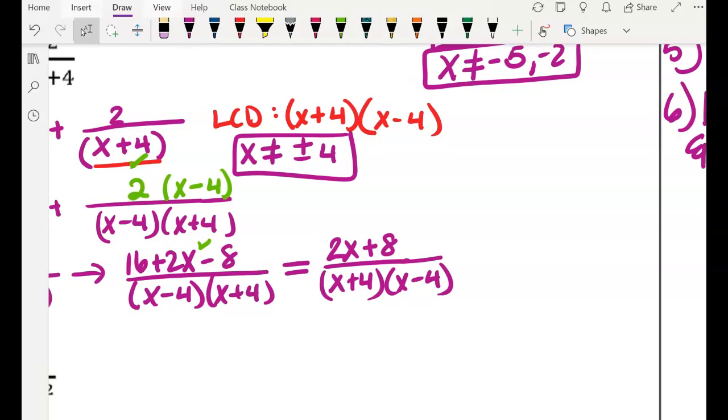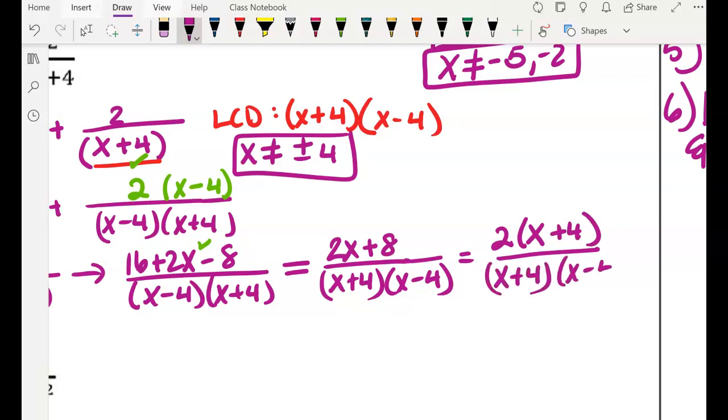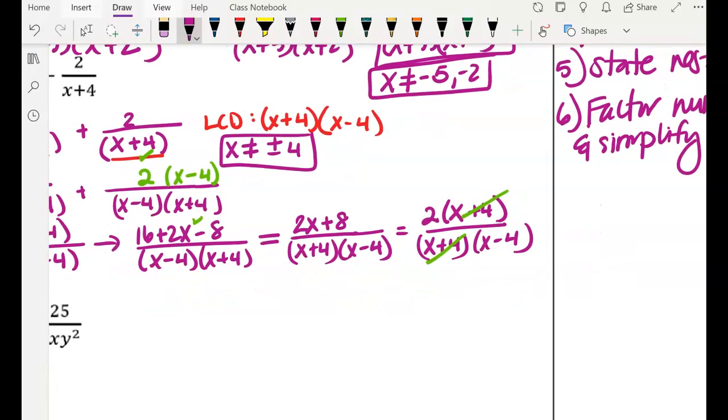Remember that we always try to see if we can factor out your numerator, okay, which we can take out a 2 here, students. So we are going to end up with an x plus 4. And then copy down your denominator. This allows us to reduce. Remember, we need to factor your final numerator and reduce if possible. And this allows us to say, wow, that's now 2 over x minus 4, which we have.